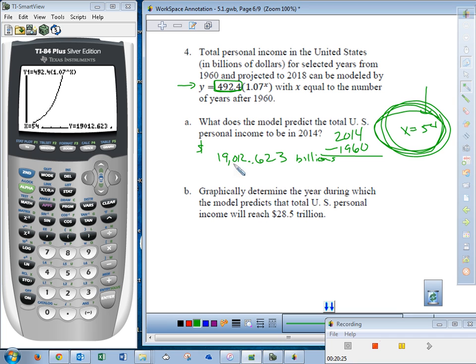And what you do then is you have to move that decimal 3 places, because doesn't it take those 3 places to get up to that trillion? So this is about 19.12623 trillion dollars. This is the amount that it gives us in billions, but I converted it to something a little more sensible. We don't say 19,000 billion.